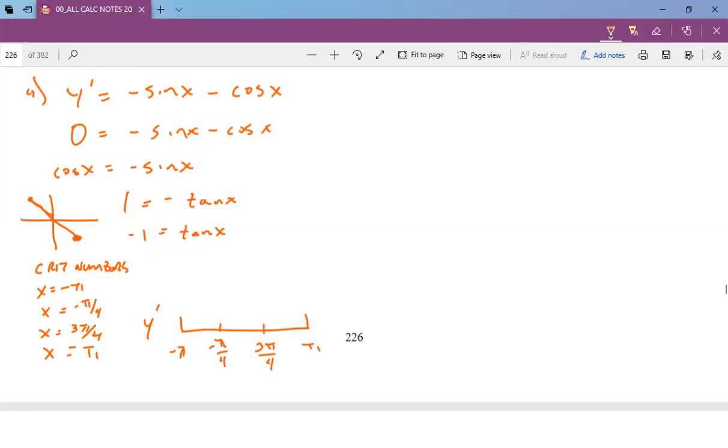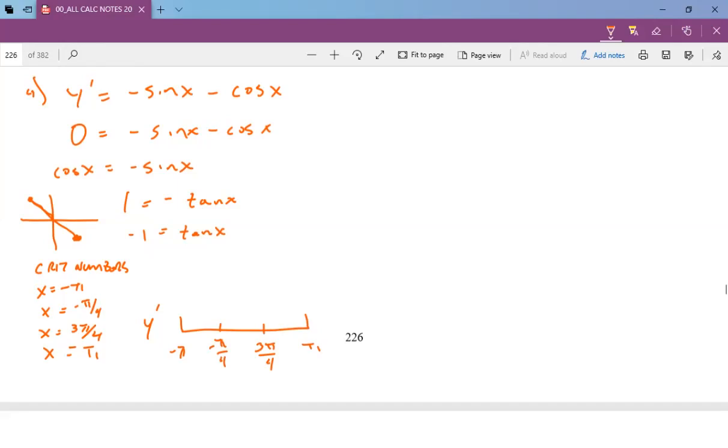Between negative pi and negative pi quarters, we're going to have to pick some sort of number that's between these. So between negative pi and negative pi quarters, we are looking at our first derivative. We're looking at, say, a number like negative pi halves, right?